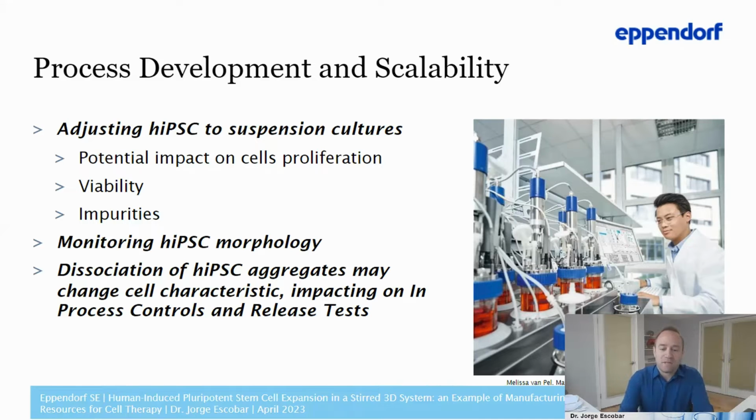Also, scalability is very important for allogeneic cell therapy development, but it can be difficult to achieve. The goal is to build a controlled manufacturing process that can reliably produce the cell yield and quality generated in the early development stages, for clinical trials and commercial scale.